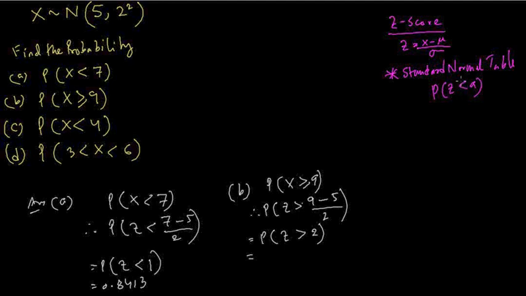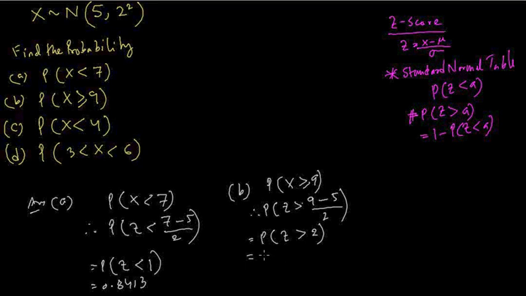Remember, z is less than a or less than or equal to a is the same thing. So how can you convert it if it is not in this format? If z is greater than a, you can write 1 minus probability of z is less than a. This can be written, and one of the main reasons is that the normal distribution is symmetrical, that means one side and the other side are exactly the same. So for that reason we can write this.